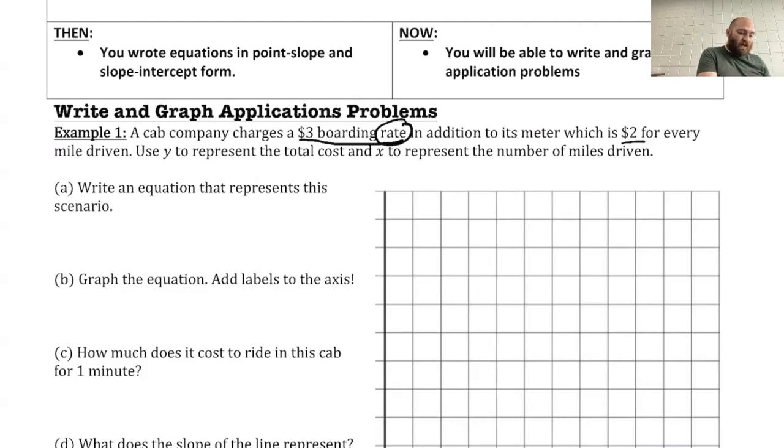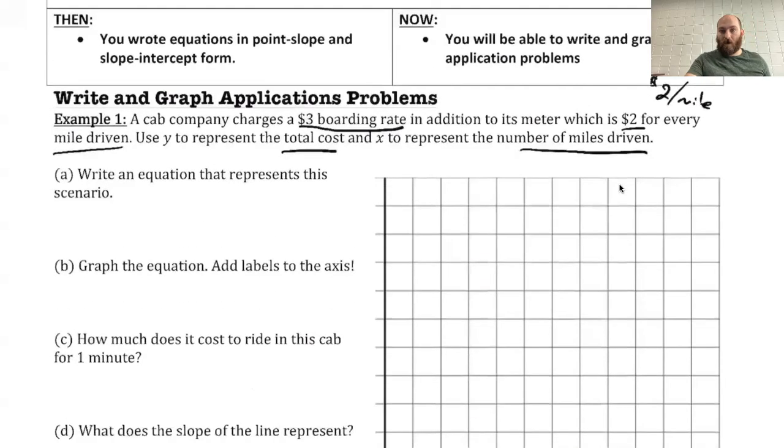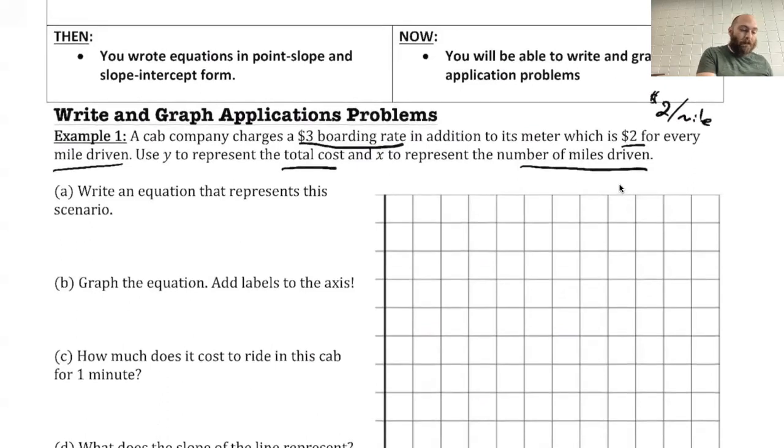Use Y to represent the total cost, X to represent the number of miles driven. I want to highlight the fact that it's $2 for every mile. That's a rate of change. Y is going to be the total cost. X is going to represent the number of miles driven.